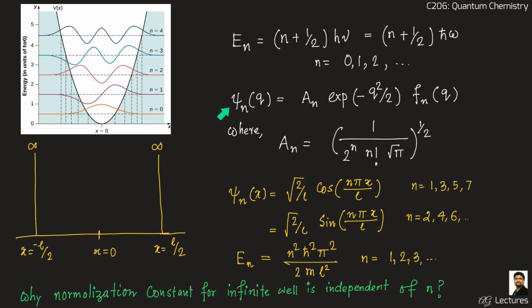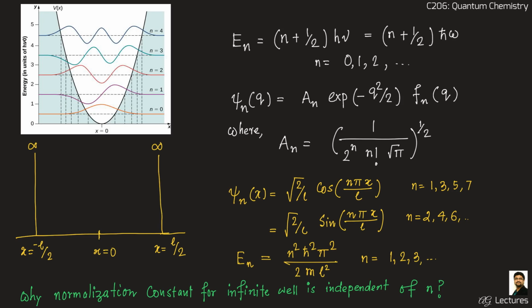Whereas here, the normalization constant is a function of n, so it changes as we go from one state to another. Why is this difference coming? You can pause the video here and think about what might be the reason, or you can check the solution with me.